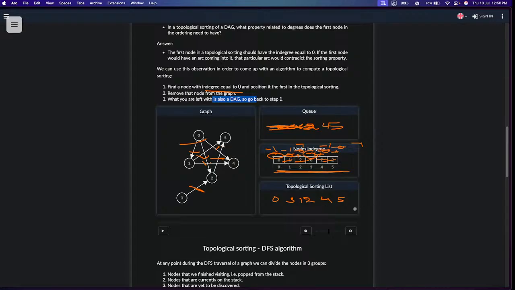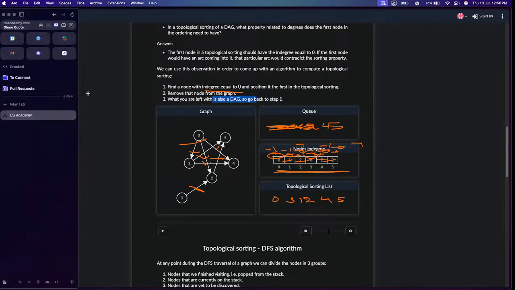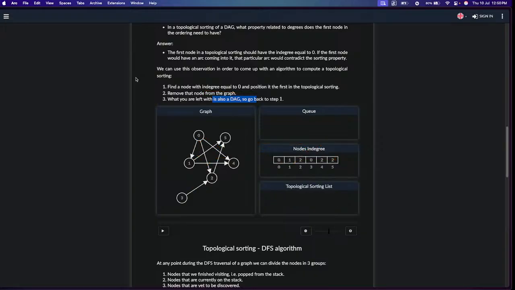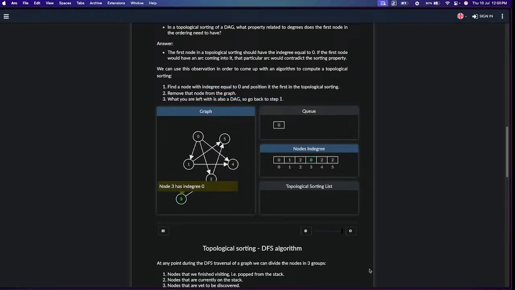Now this seems right to me, but again, you never know, right? Let's see if we were correct in our intuition. 0, okay, there you go. 3, yep.